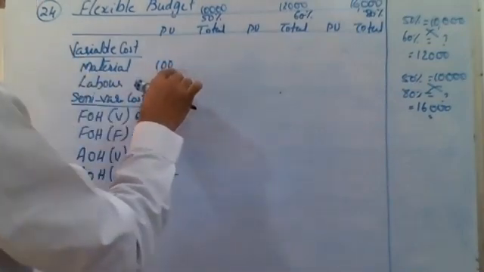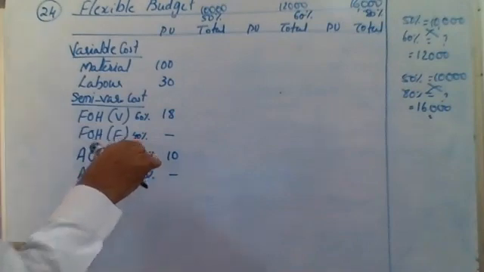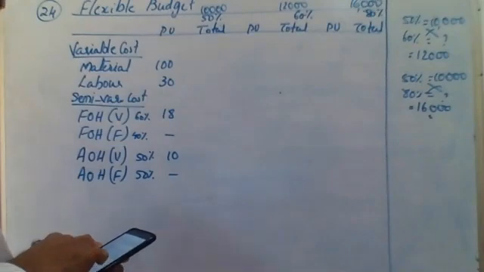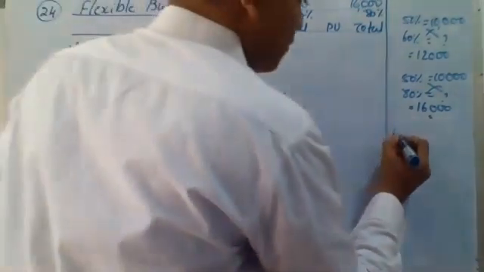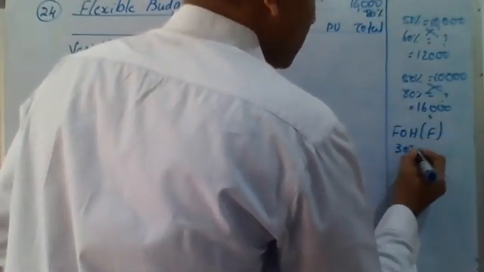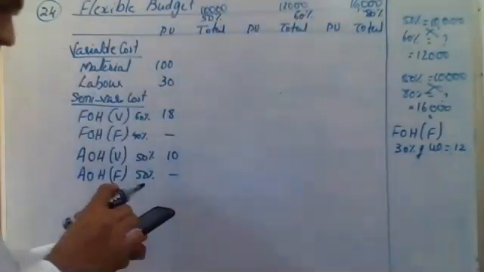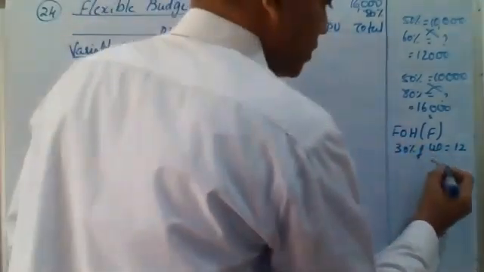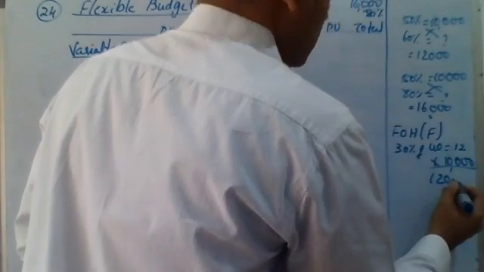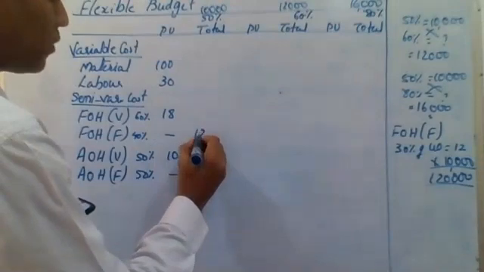Now, 10,000 into this 40%. Go back to fixed overheads. Factory overheads is 30 rupees. In that 40% is fixed. So the fixed component, 40% of 30, that is 12, right? Because given capacity is 10,000 units, 10,000 units into 12 gives me 1,20,000. So I bring it here and write 1,20,000 here.